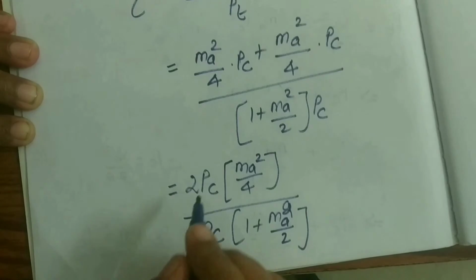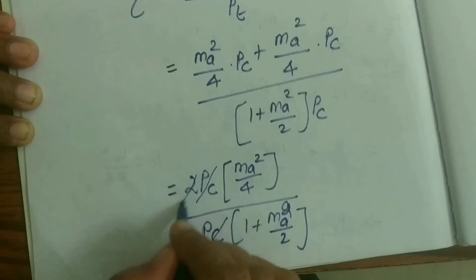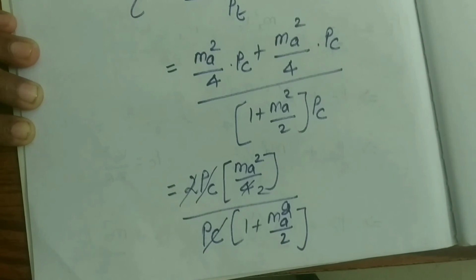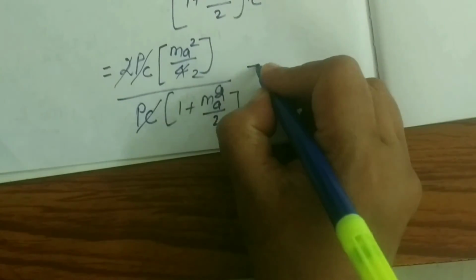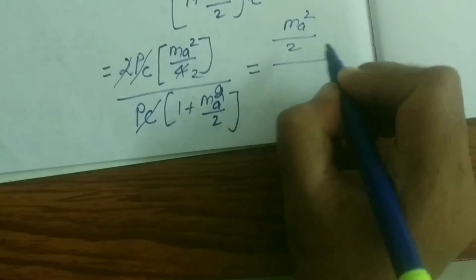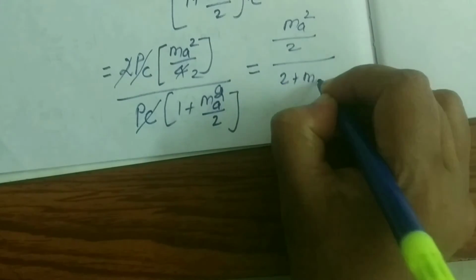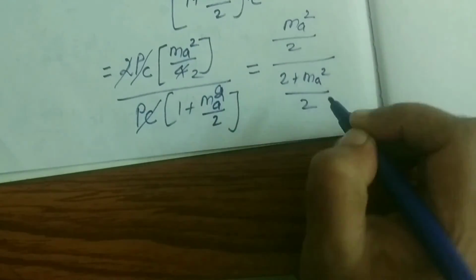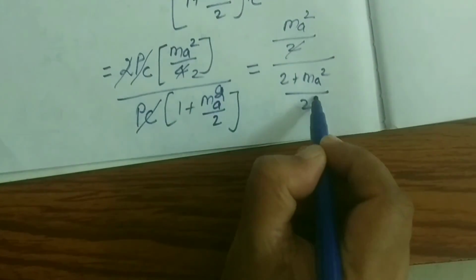PC gets cancelled, upper part and lower part, and 2 and 4 is 2 cancelled. So the equation will become ma squared by 2 divided by 2 plus ma squared by 2. So 2 and 2 get cancelled.